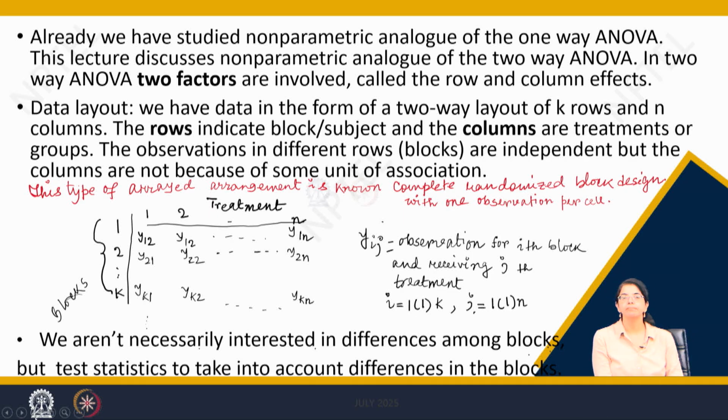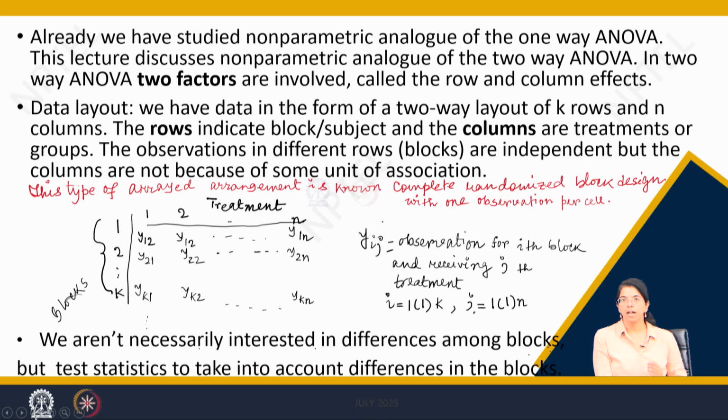Clear? Now, what would be the data layout? We have data in the form of a two-way layout comprising k rows and n columns. The rows indicate blocks or subjects, and the columns are the treatments or the groups. The observations in different rows or blocks are independent, but the columns are not, because of some unit of association.